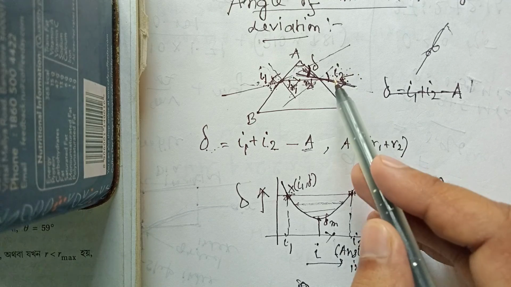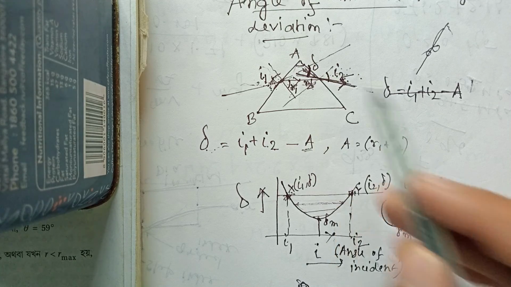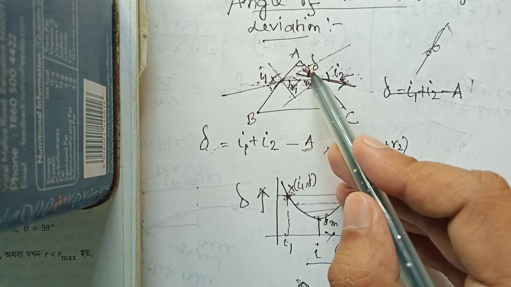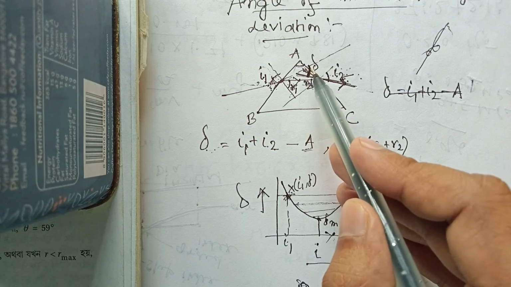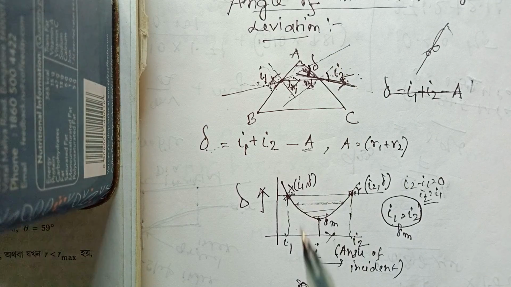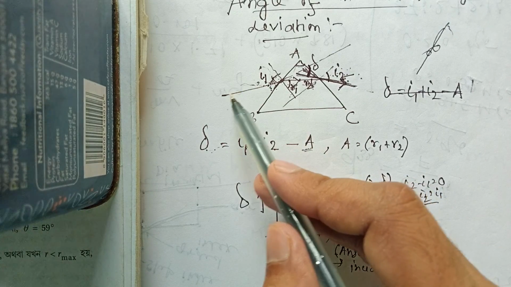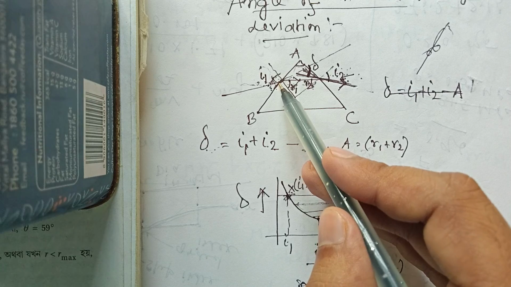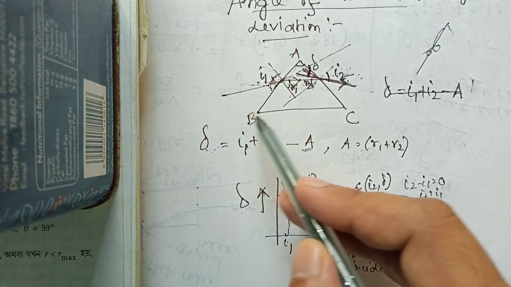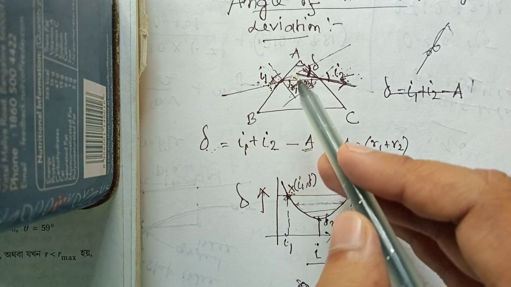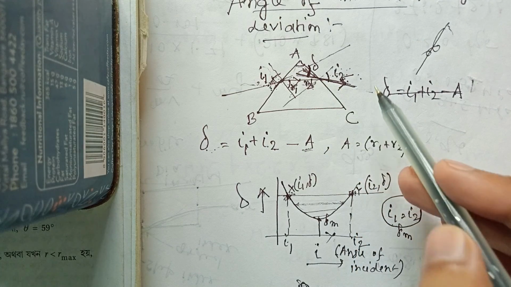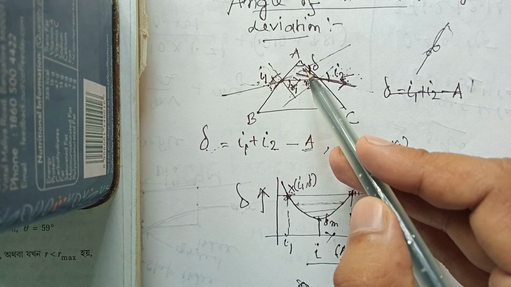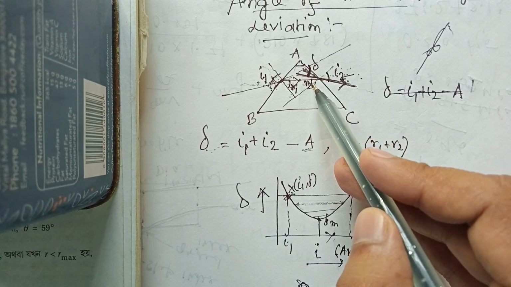I will not call this the minimum deviation; I will call it the deviation delta. Again, if light enters the prism with an angle I1, then the exit angle, let us consider, is I2, and the deviation of light is delta.